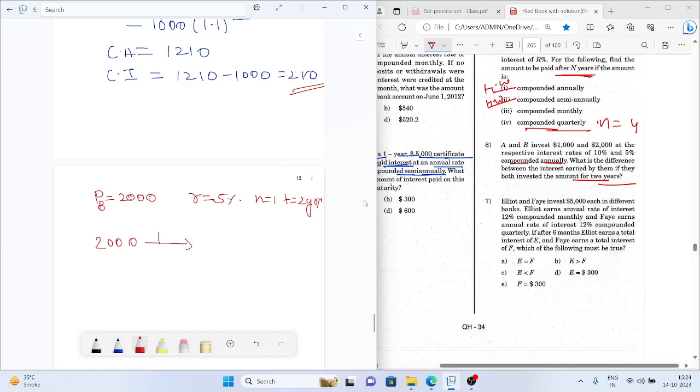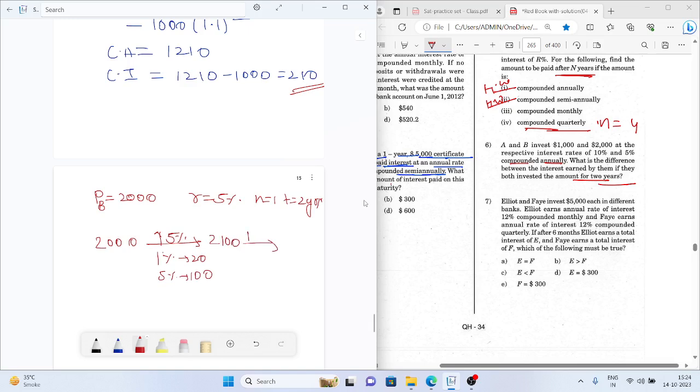After 1 year it increases by 5%. So 1% is 20, so 5% is 100. When you add this you get 2100.